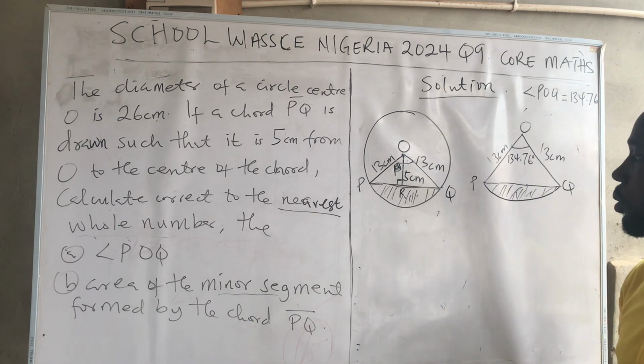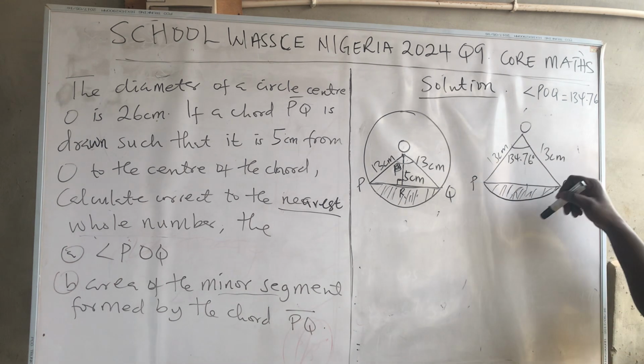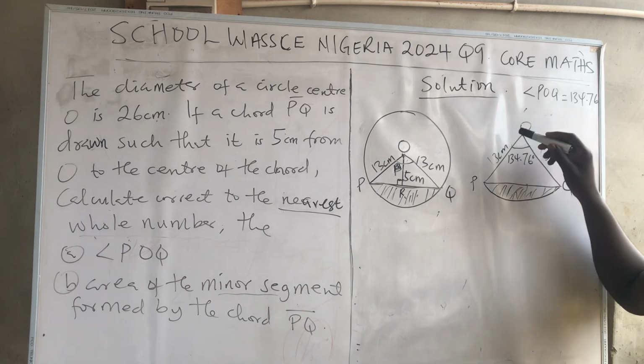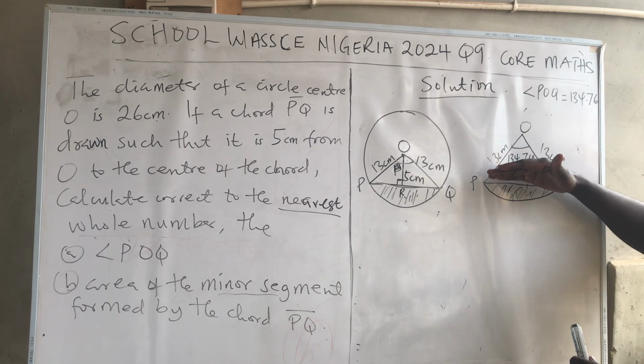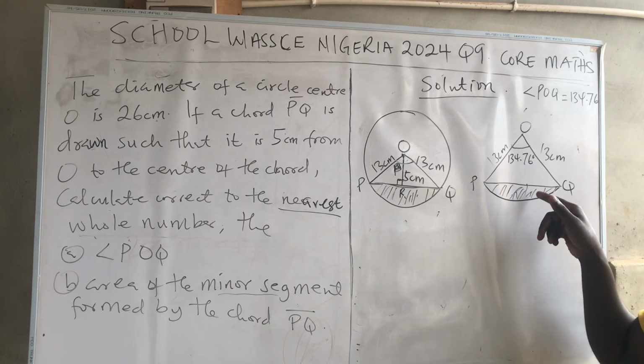Because the segment is found in a sector, we calculate the area of the sector, then take off the area of the triangle. When we remove the triangle, the segment will be left.